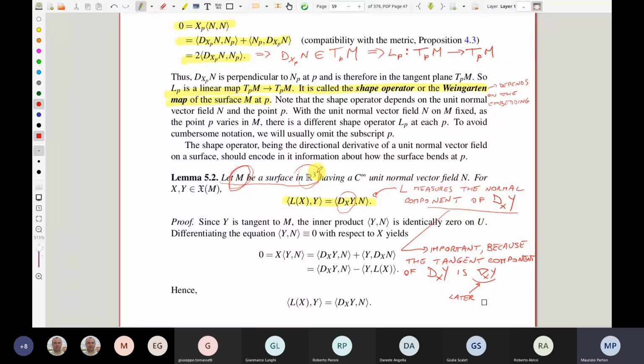You see that if I had to say this explicitly in every theorem, in every statement, the book would be 2,000 pages instead of, I don't know, 400.